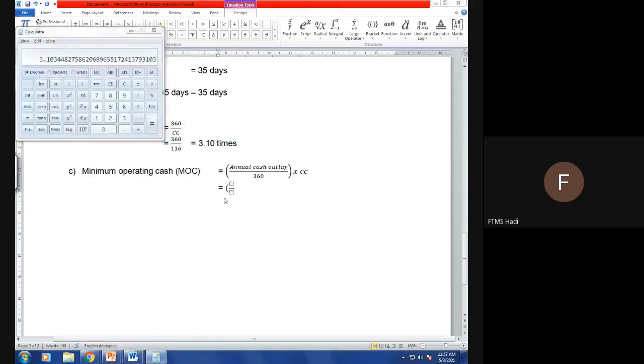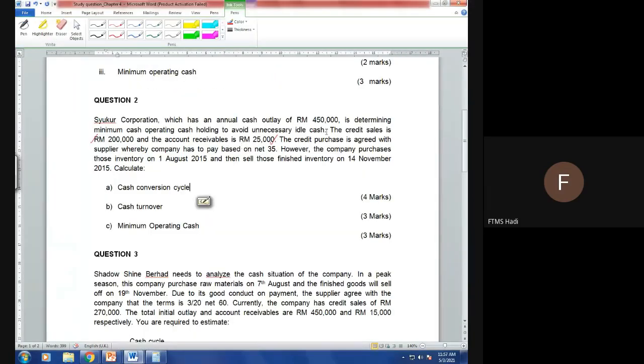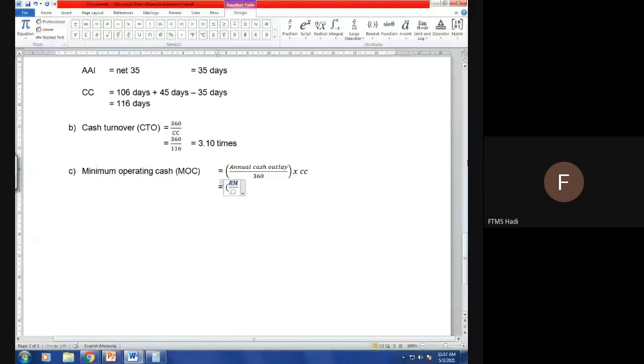Alright, where do you get the annual cash outlay? You see here, this one has an annual cash outlay of 450,000, multiplied by CC. CC you got 116 days.